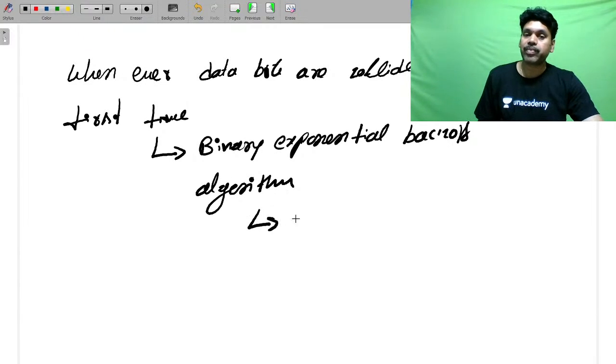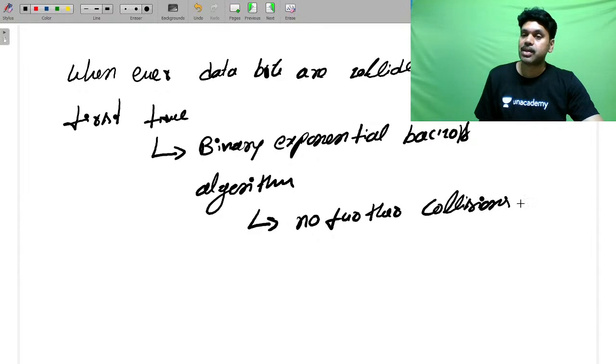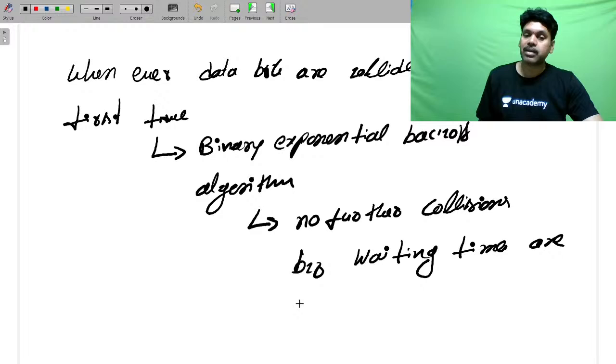That's it. It ensures that there are no further collisions, because the waiting times are different among the nodes.